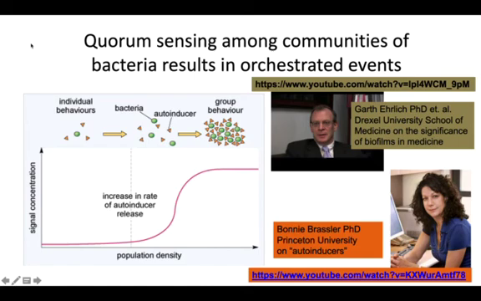You'll have more and more of these chemicals being produced. At some point, that biofilm will reach a level where enough cells are present, enough chemical signals are being released that will affect the behavior of that bacterial group, or that biofilm.